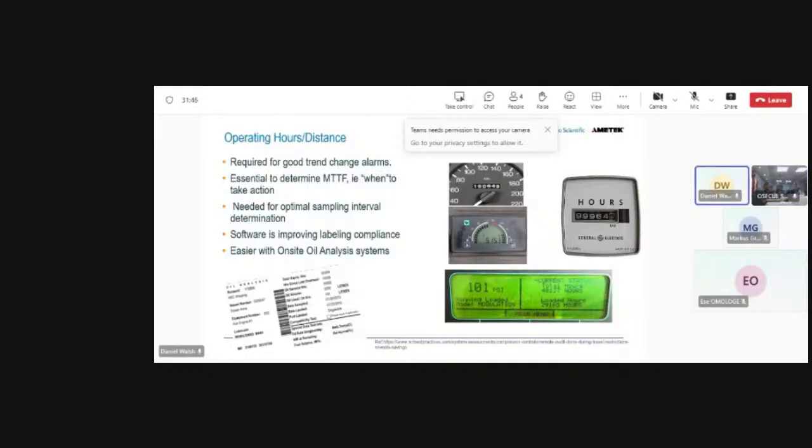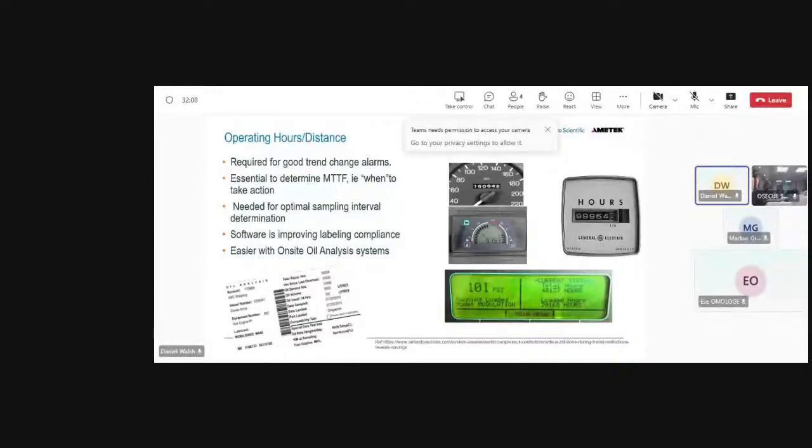If you have large compressors in your facility, and you ask me which one to use, loaded hours or total hours, I don't care. Loaded hours is more accurate, but total hours works as well. Just make sure that you guide the technician to be consistent about what they're doing.